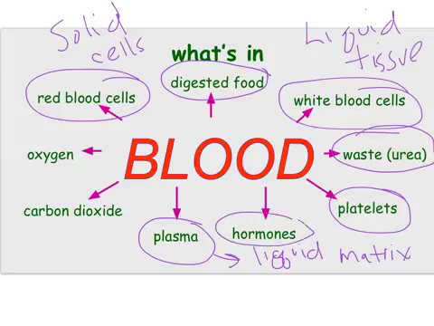We have hormones, which are chemical messengers that are circulating in our blood. And we also have two gases. We have oxygen that is being delivered by our red blood cells, and we have carbon dioxide that is also carried a little bit by our red blood cells, but mostly is dissolved in the plasma.